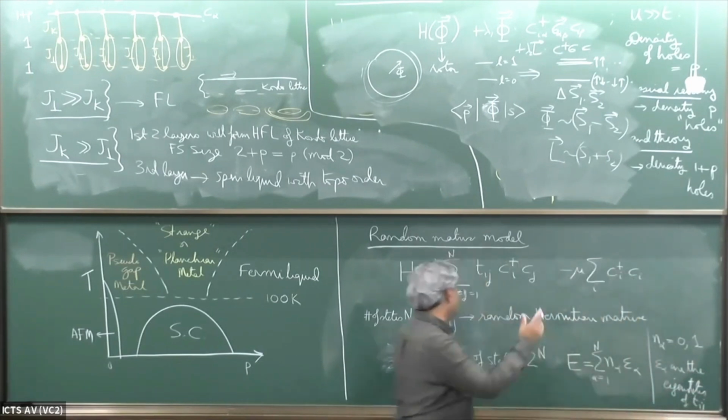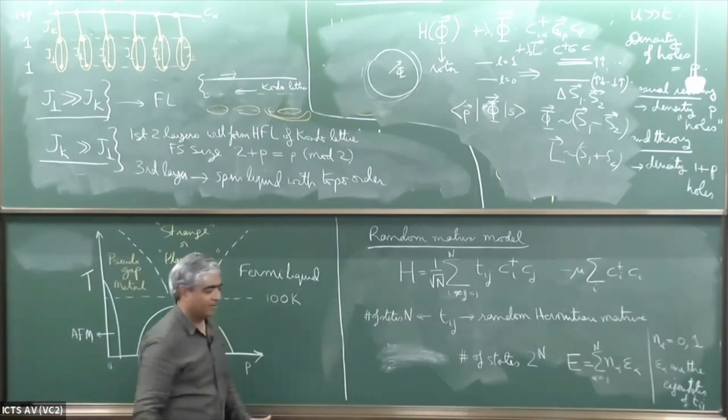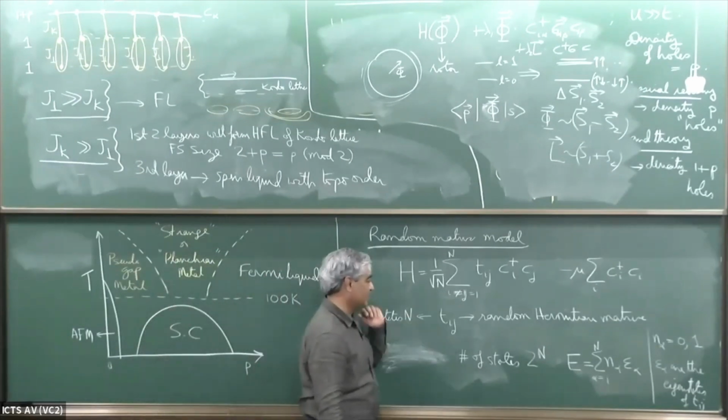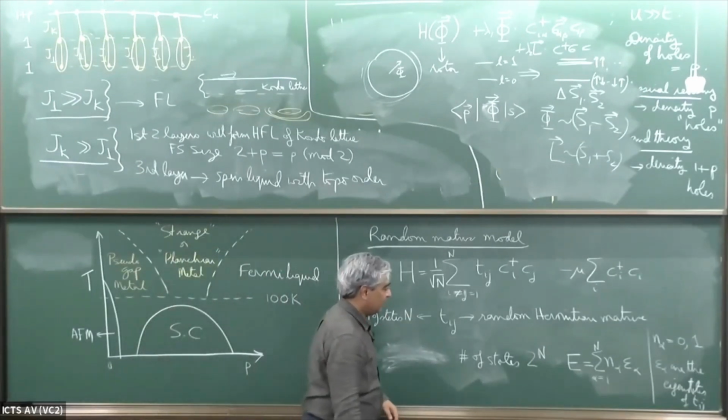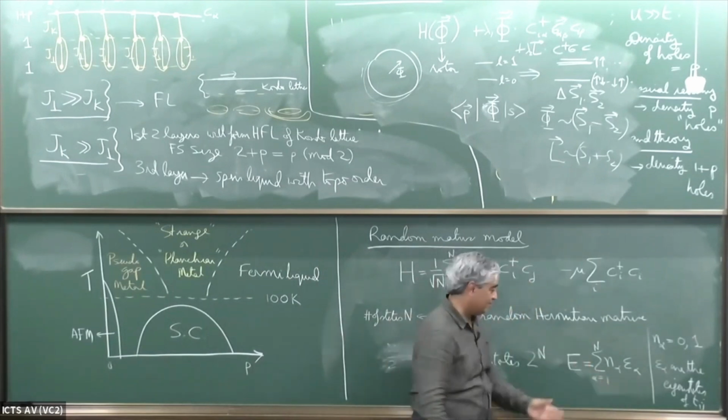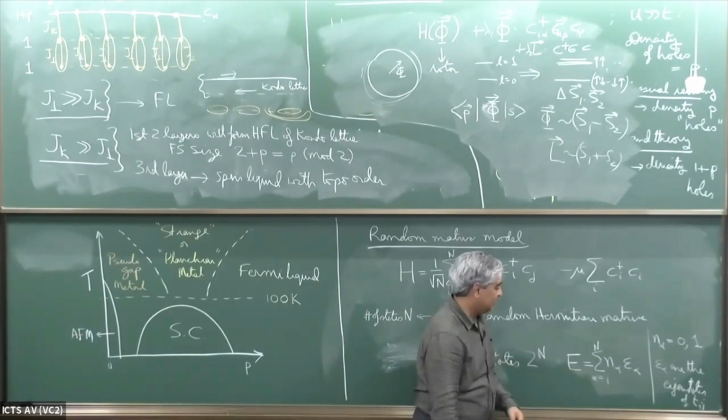So you give me a random matrix T_ij, I get some E_alpha, easy to compute, even for a 100 by 100 matrix, no problem, I get the 100 eigenvalues. But now I have 2 to the 100, which is a huge number of many-body states.